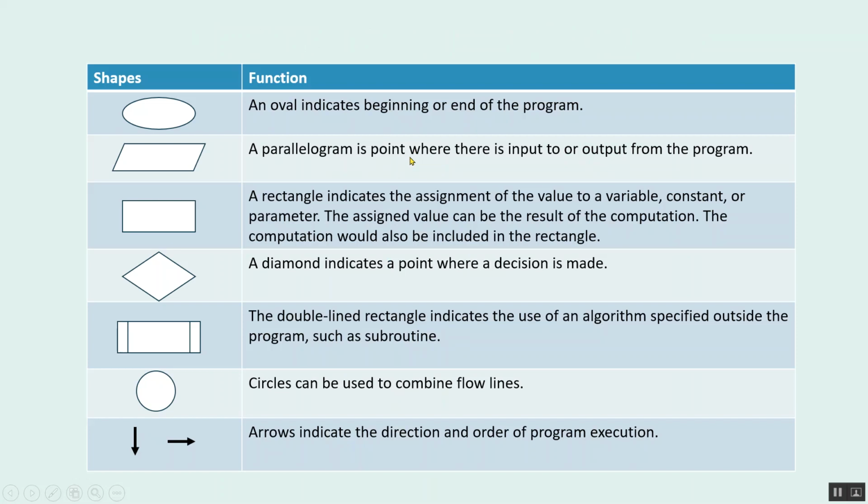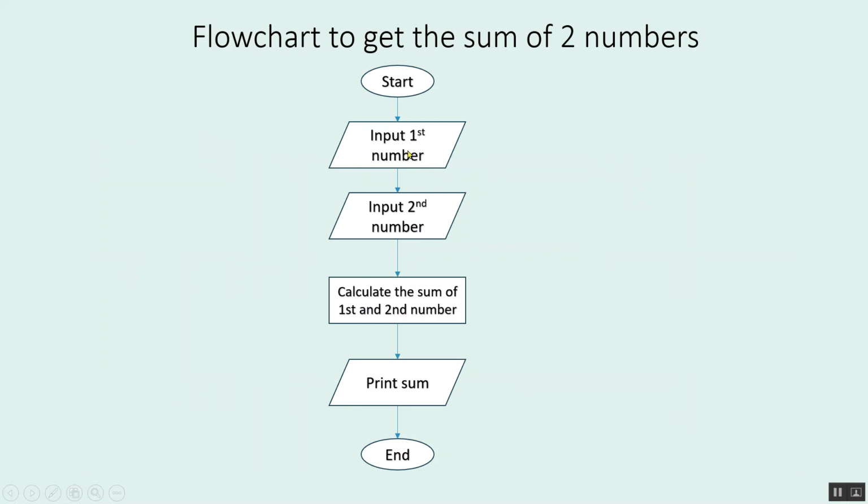Now the parallelogram is where there is input and output of the program. So if you want to enter a number, let's say the first number, since we're going to add two numbers, we need to enter the first number and then the second number, and for printing we also use a parallelogram. Actually, these two inputs here, you could just combine.